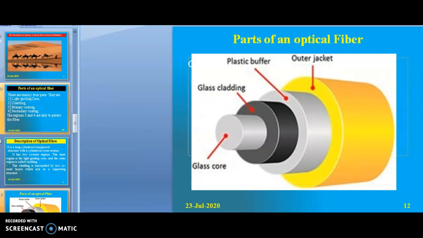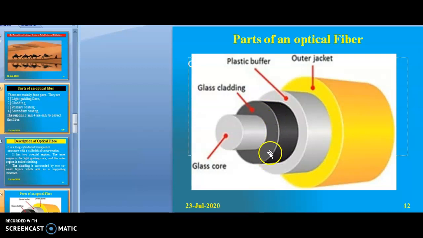Now let us see how the optical fiber appears. If you see, this is the diagram of an optical fiber. The central portion is called core, which is the very important part of any optical fiber, and the diameter is very small. The core is surrounded by the cladding.